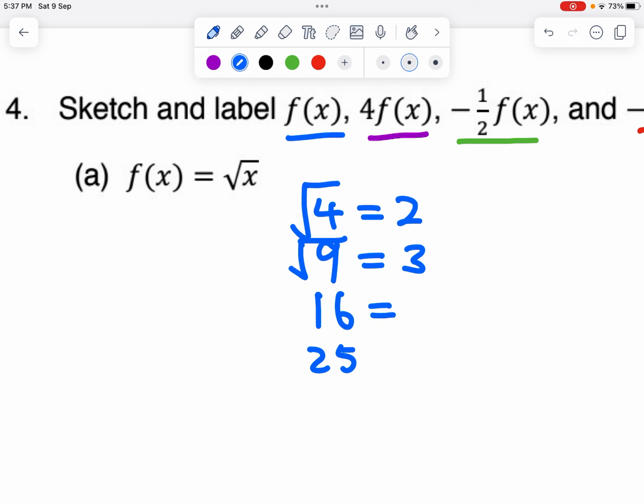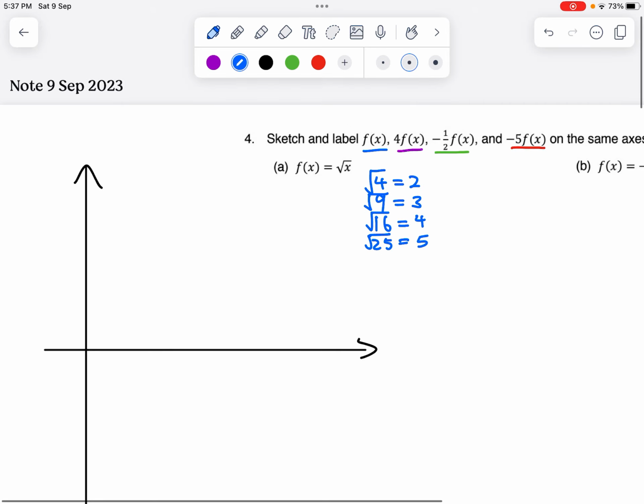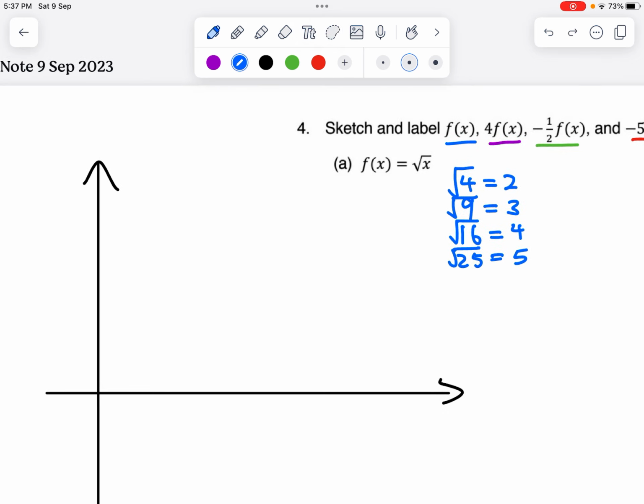And then square root of 16 would be 4, and then 25, it's 5. So I can kind of see the pattern here. When x is bigger, the y is actually smaller. And so let me just graph the points here first.